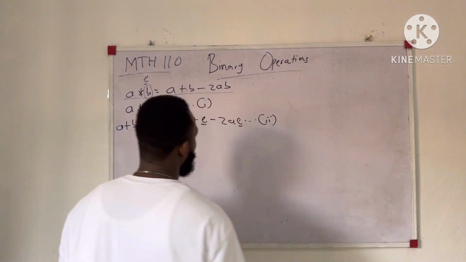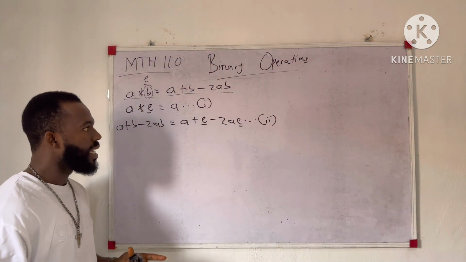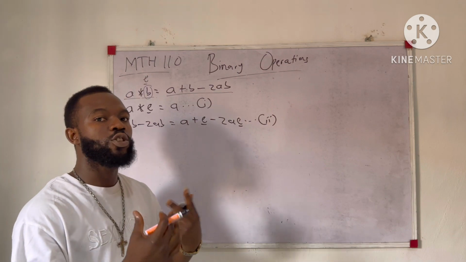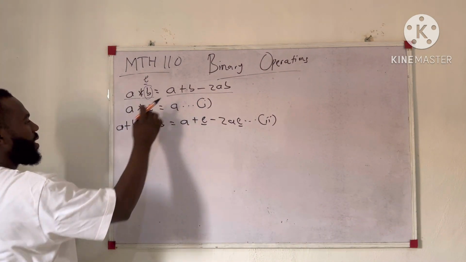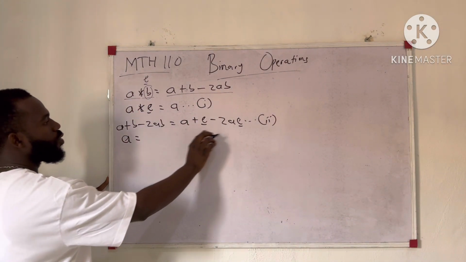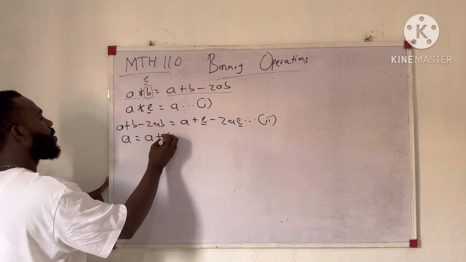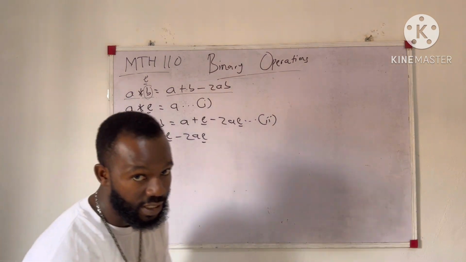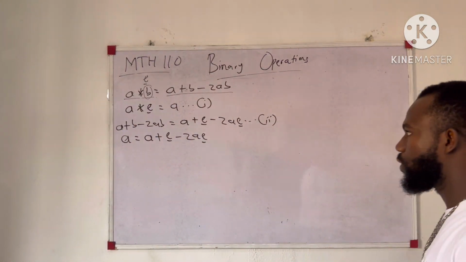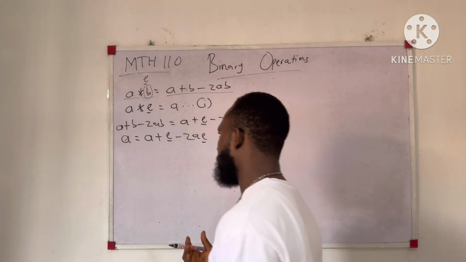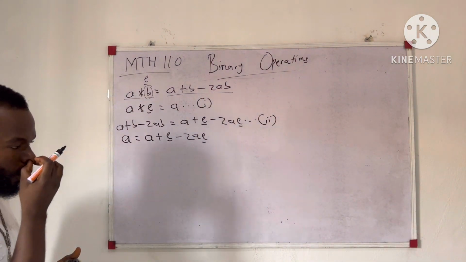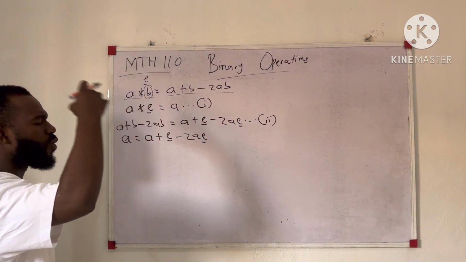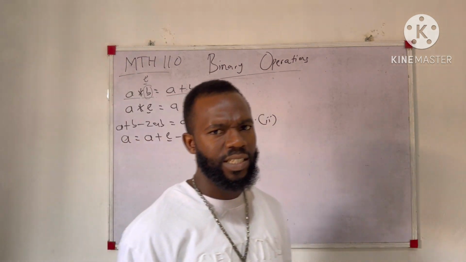Now, when we have gotten equation 1 and equation 2, what we are going to do now is equate equation 1 and equation 2. Equation 1 is a, equal to equation 2, which is a plus identity minus 2a identity. Equate the both of them. You will notice that in this question, we have two identities.